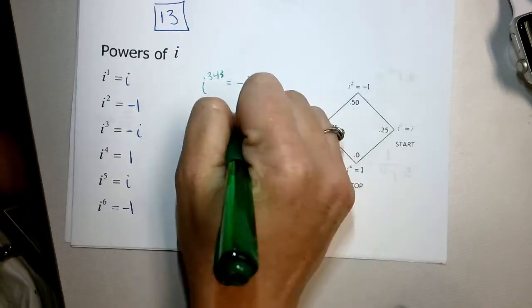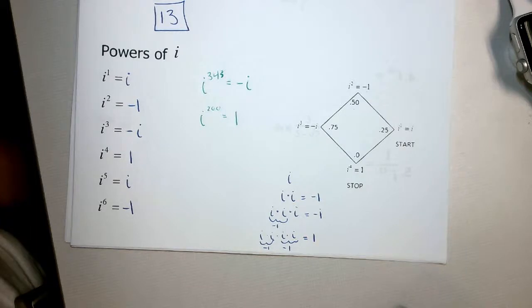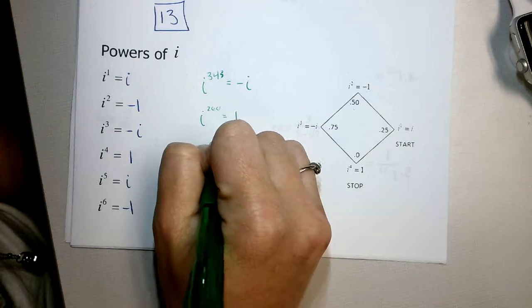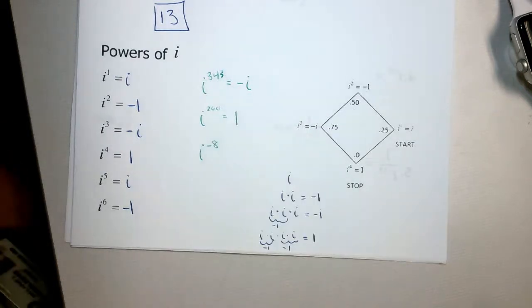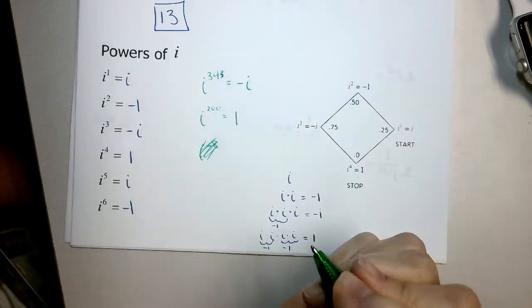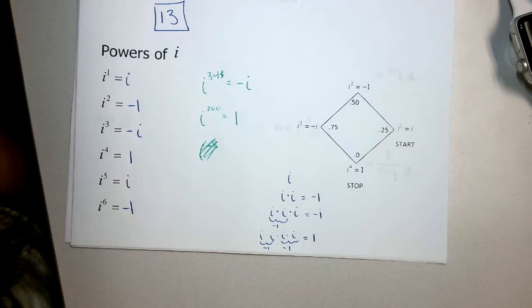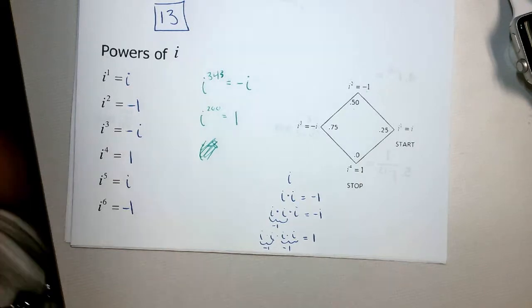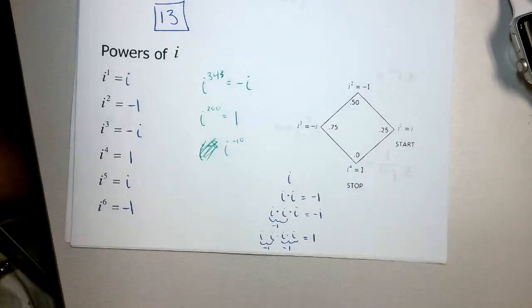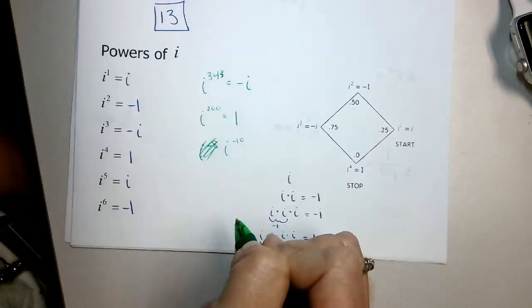Are y'all okay with what I'm saying? Okay, so now what if I throw in a negative exponent? Let's do I to the negative 10 power. Well, negative power just means you need to make it a fraction, right?